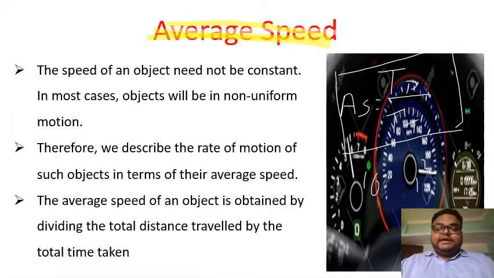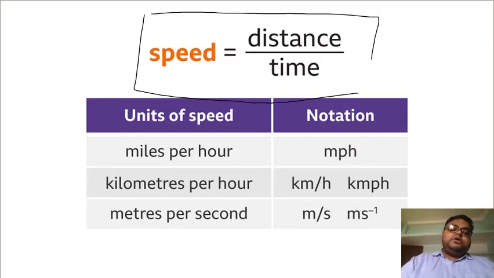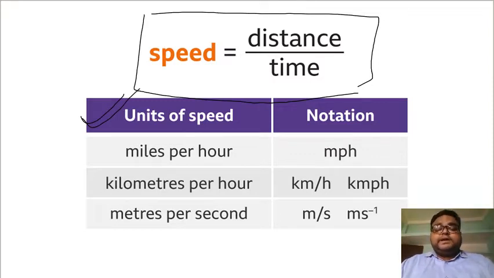So now let's proceed ahead. Speed equals distance by time, right? There are different types of units that you will find for speed. Like you can find speed in terms of miles per hour, denoted as mph. You can find the speed as kilometer per hour or kmph.